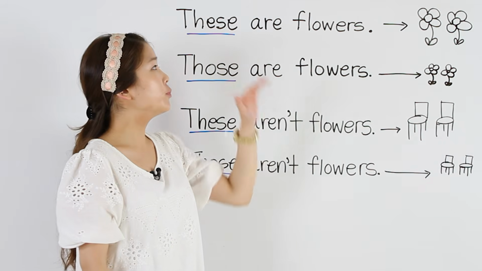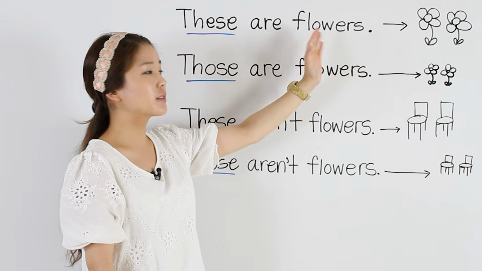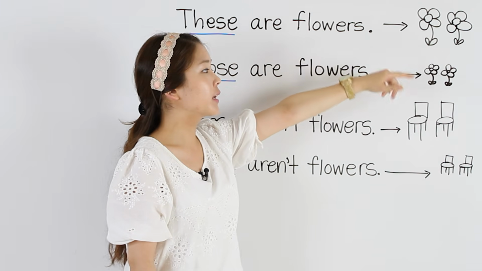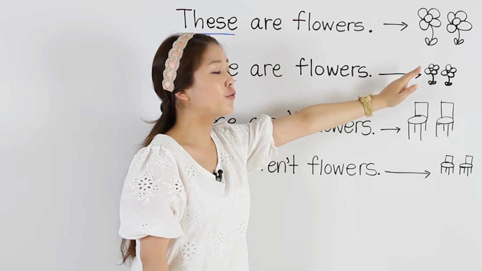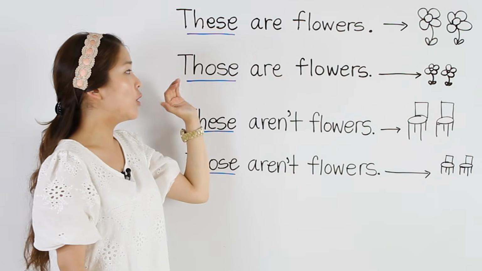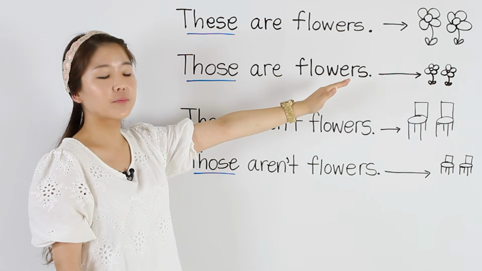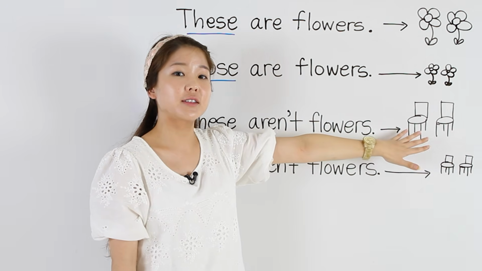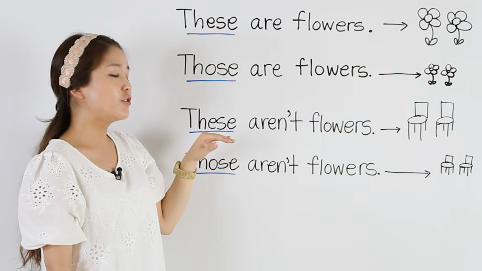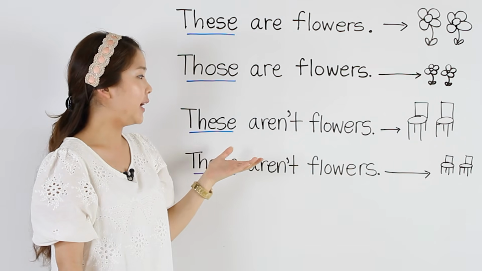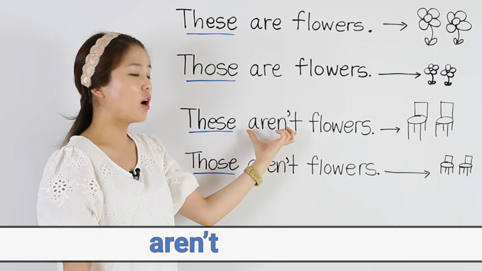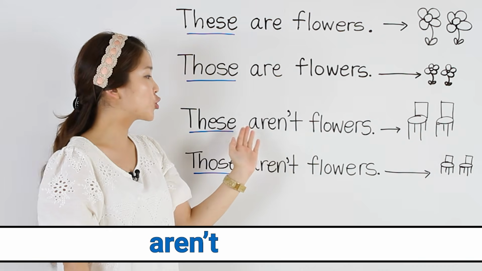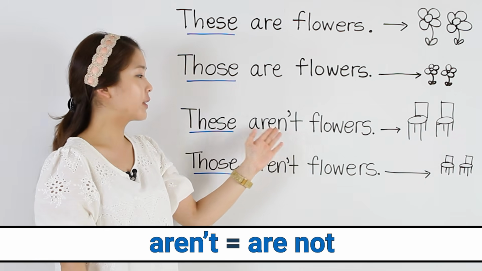So we know these are flowers. They're close by. And for the flowers that are far away, we say those are flowers. Okay, but over here we have chairs. So we have to use the negative. Okay, we use the contraction aren't, which is short for are not.